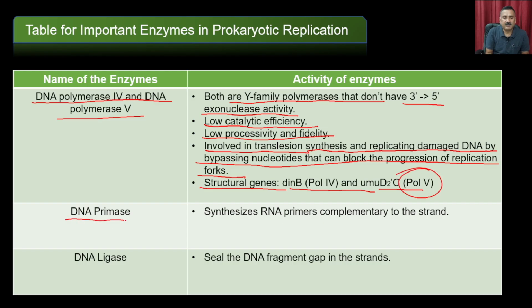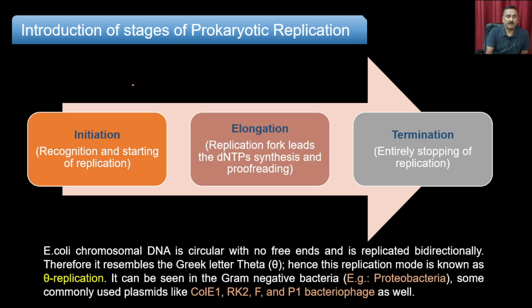Then we also require the DNA primase. DNA primase is required for the synthesis of RNA primers complementary to the strands. Then you also require the DNA ligase, which seals the DNA fragment gaps in the strands. There are 3 major events that happen during DNA replication.